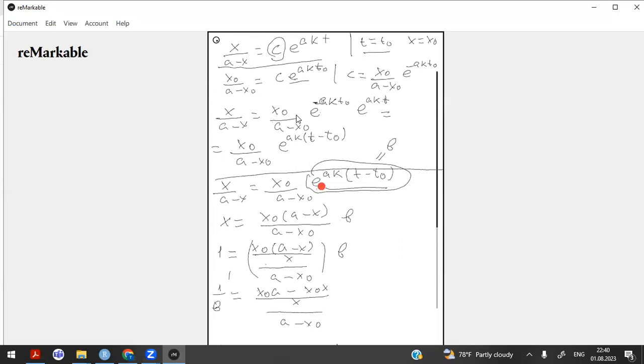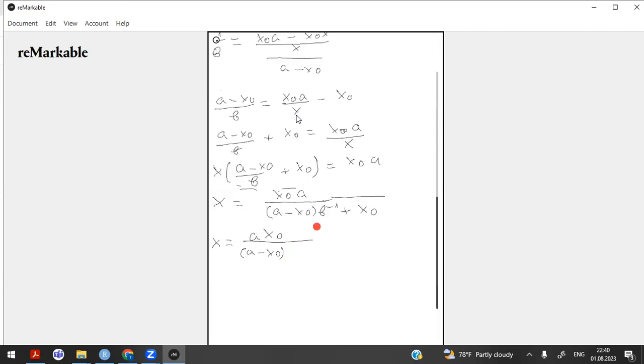This was our b. So now we should write this here. So instead of b, we have b to the power of minus 1. So it will become e to the power of minus a k, since it's minus 1, right, t minus t0, okay, this is in the power, and then plus x0, okay. Voila. Okay, so this is the solution.